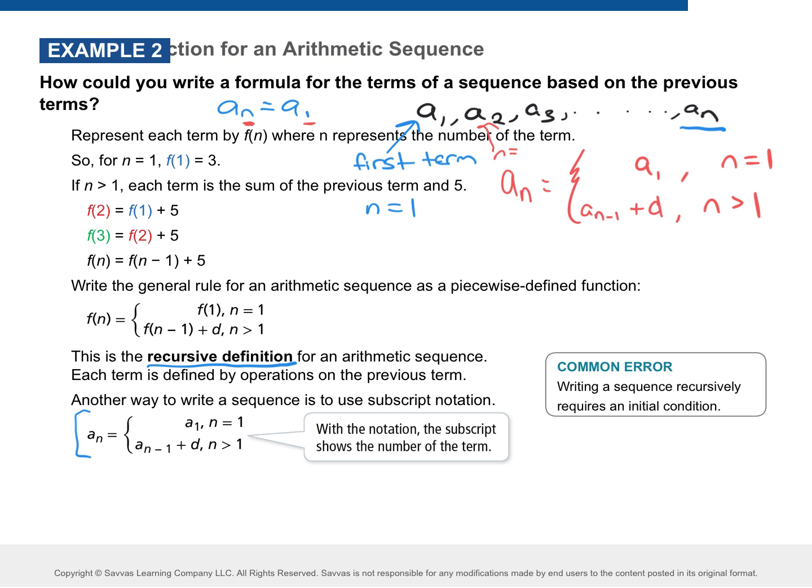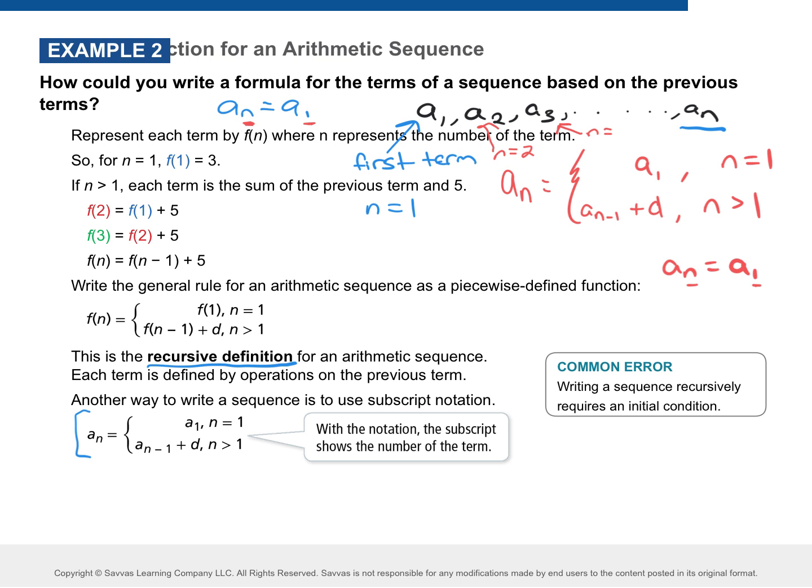A2, my n value is 2. A3, my n value is 3. So if I'm talking about a_n, like I wrote up here, and that equals, I'm going to say, a_1, your n value is that subscript.